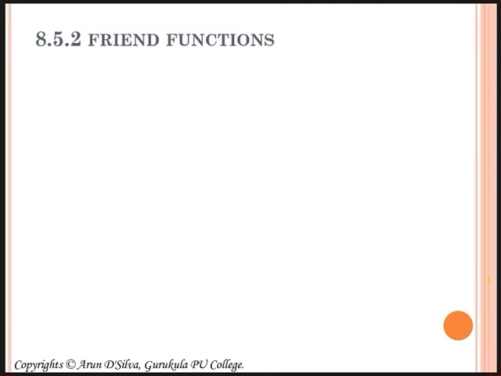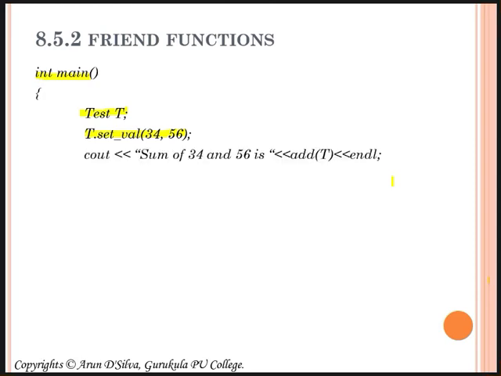So I'm going to the main function. I've used an integer type main, and I've created an object of test, that is t, and t.setVal with 34 and 56. Now the a value becomes 34 and the b value becomes 56. Before that I'm displaying the sum of 34 and 56 is add(t).